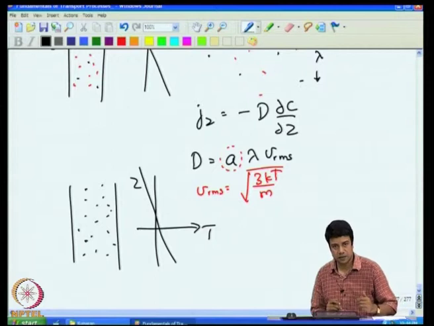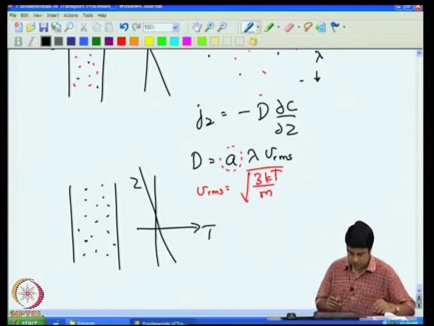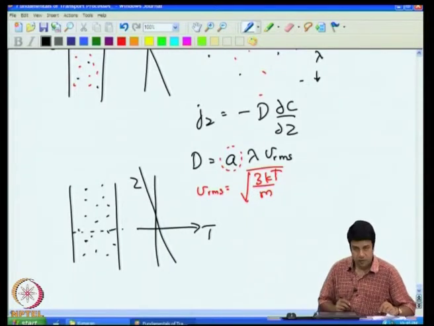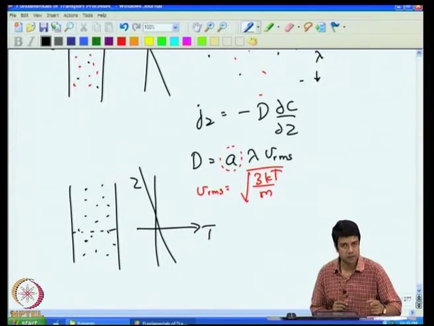There is a temperature gradient. So, molecules on one side have a lower fluctuating velocity, on the other side they have a higher fluctuating velocity. And the method for calculating the diffusion coefficient is the same as in the case of mass diffusion. A molecule crossing a surface comes from a distance of the order of 1 mean free path above the surface. The molecule below the surface comes from a distance of the order of 1 mean free path below the surface.